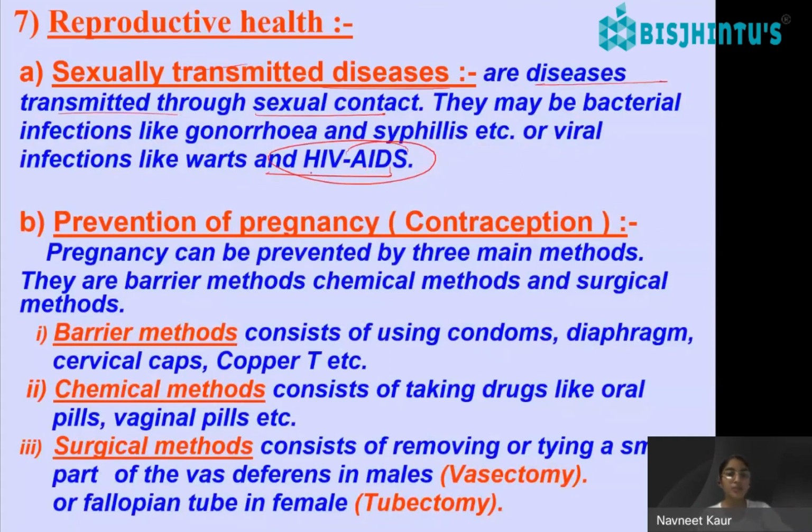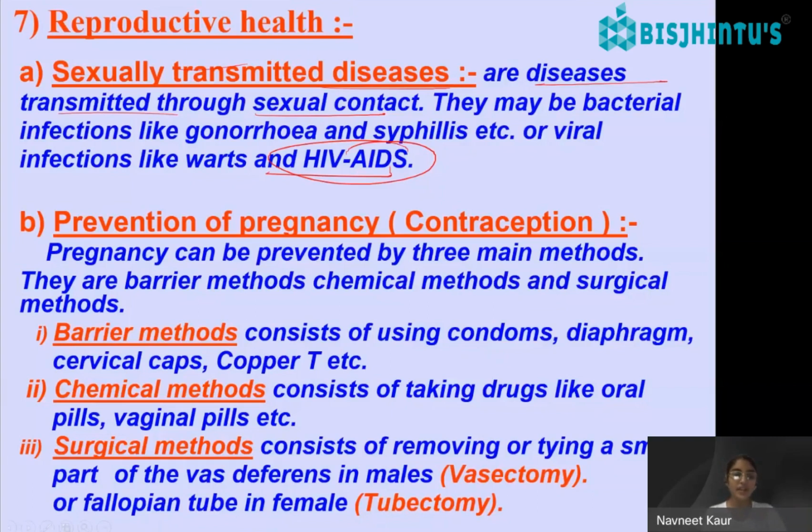HIV is human immunodeficiency virus, and then we have AIDS. Can you tell me the full form of AIDS? It is very common. You have already learned about this in your previous classes. AIDS is acquired immunodeficiency syndrome, right?